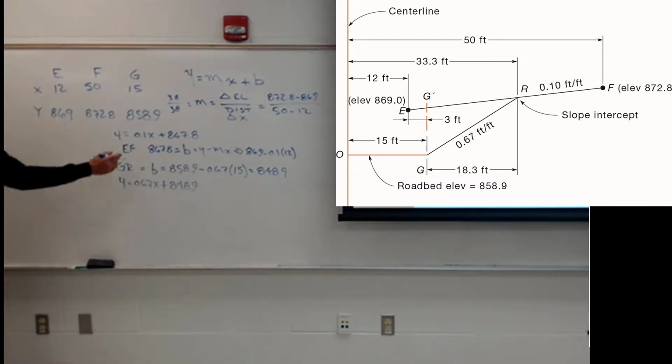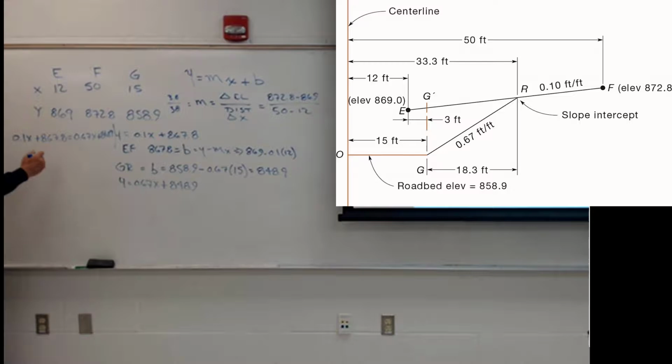So if I set this equation equal to that equation, 0.1x plus 867.8 equals 0.67x plus 848.9.